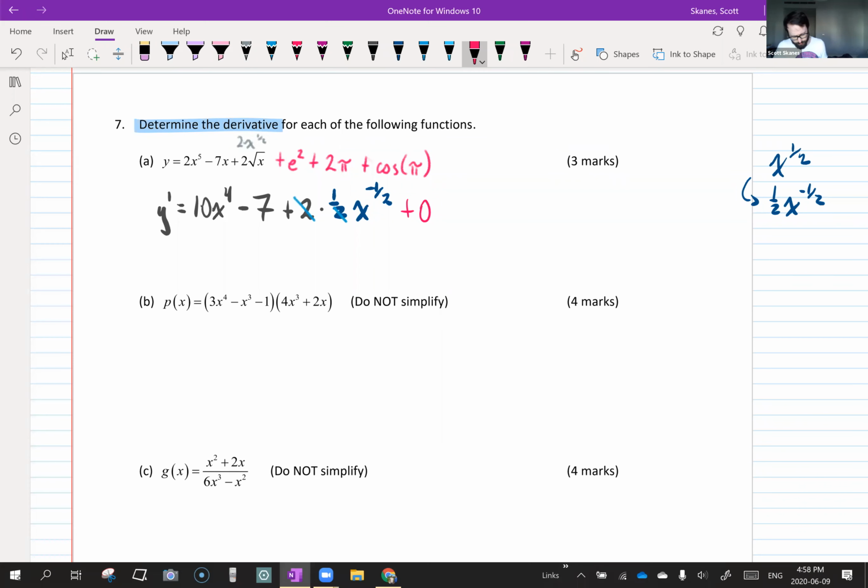So good job with that one. 2 pi is also a constant, so the derivative is 0. Cosine of pi is also a constant. They're all 0. They're all constants. So the derivative of those are 0, okay? The derivative of constants are 0.